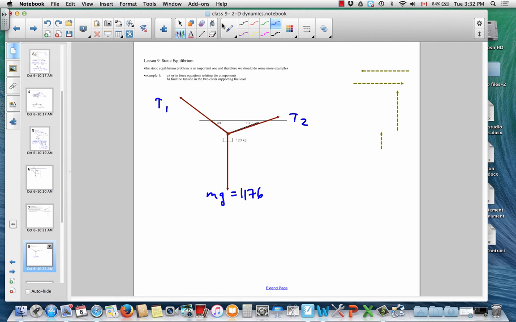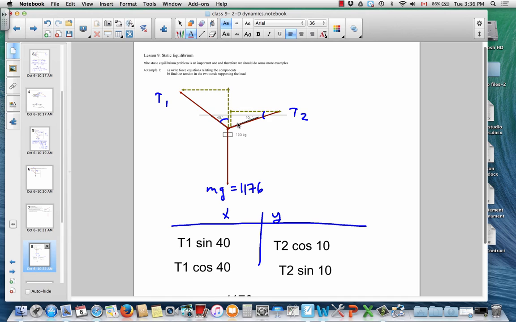Okay, so hopefully you realized that we're going to resolve these two forces into components. This one, T1, is partly up and partly to the left. This T2 force is partly up and partly to the right. So we need to find the components. With this 40-degree angle, we'll have T1 sine 40 and T1 cos 40.